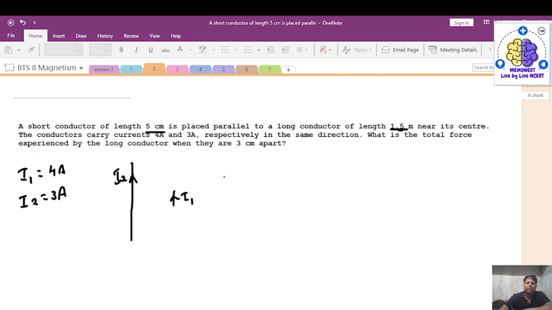So for the short conductor, the long conductor is of infinite length. Then the magnetic field for an infinite length conductor we saw in our first lecture is given by mu naught I upon 2 pi r.